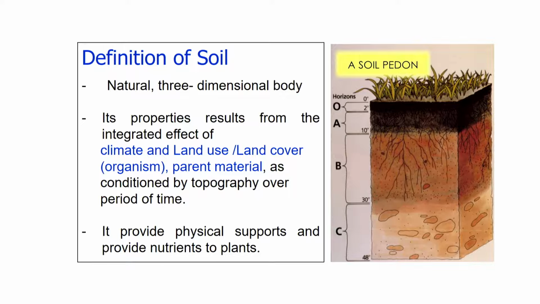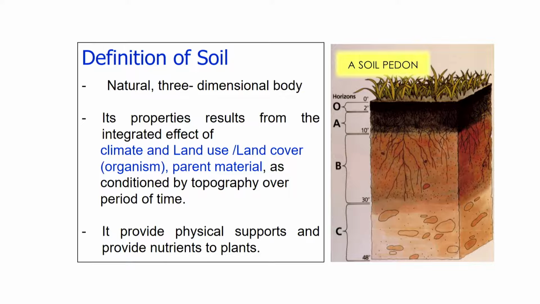The top layer is called the O horizon, which is more blackish in color, generally found in forest soils. Otherwise the top layer is the A horizon, the agricultural layer. B is the subsurface layer, where mostly the roots are concentrated, and the C layer is derived from the parent material.